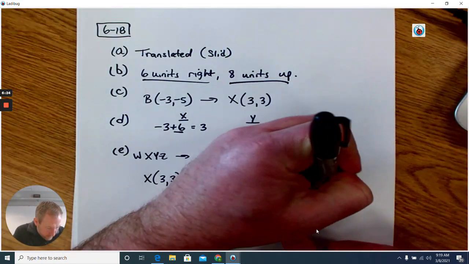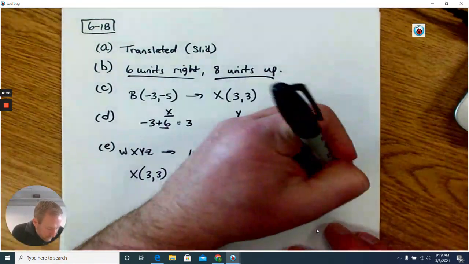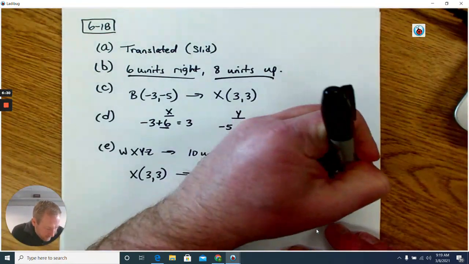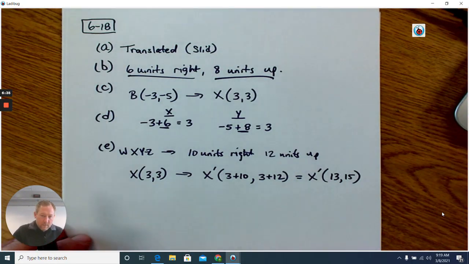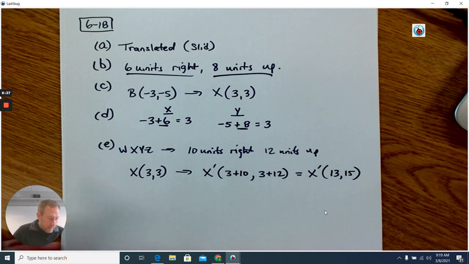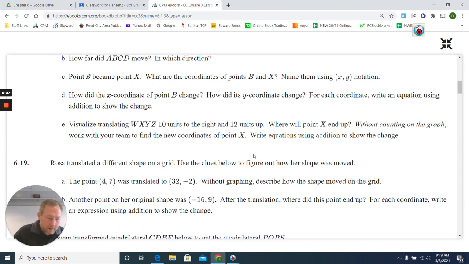So that X prime, the image of X, is going to be 13, 15. That is problem 18, A through E.